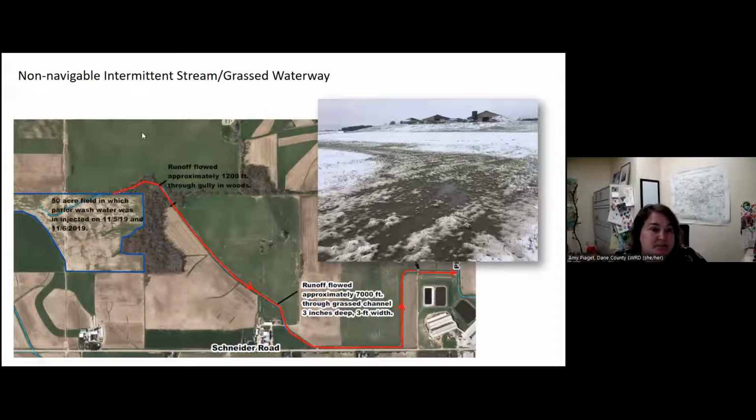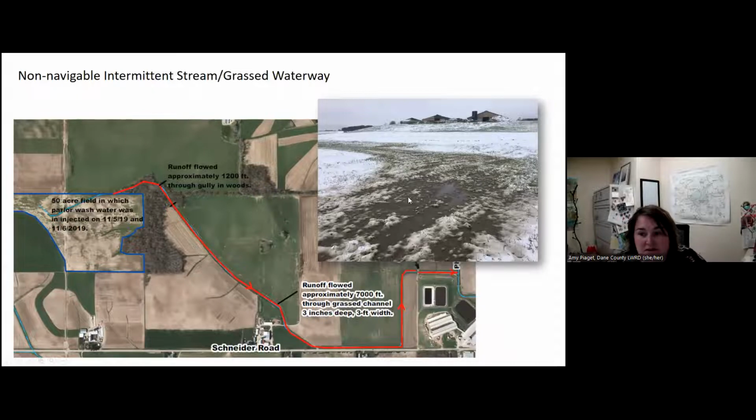This is another example where the intermittent stream is also in a large portion of this a grass waterway. So in this case, the intermittent stream was not navigable, but needed to be stabilized. So there is a grass waterway through here, and we had a discharge to it.